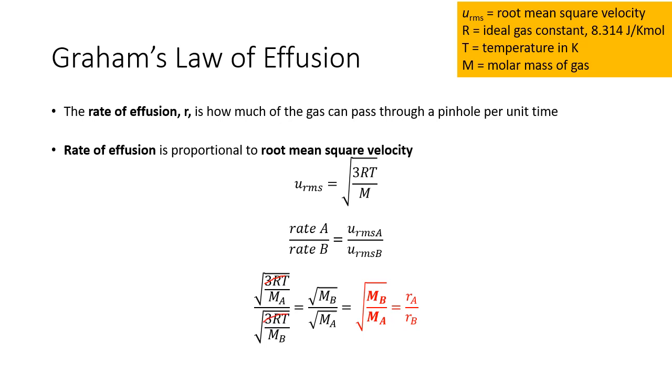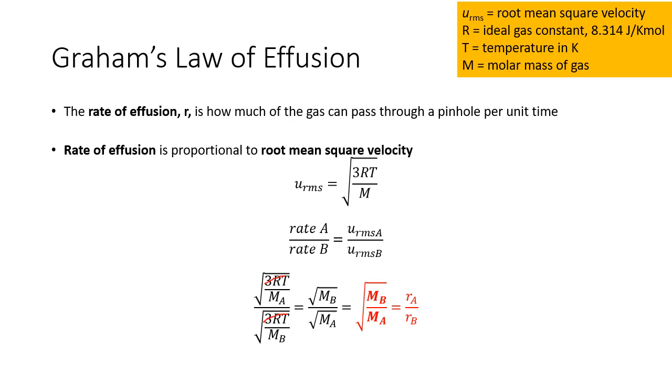Because M sub B is in the denominator, it is negative, but the negative of a negative ends up being a positive. So that's how we end up with the square root of the molar mass of B over the square root of the molar mass of A. And I have simplified rate to just be R sub A here.